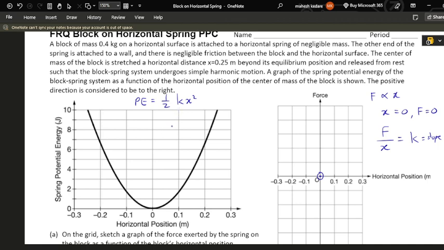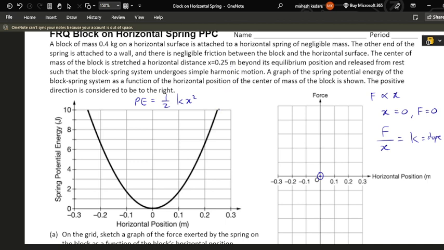If you look at the graph, we see that the amplitude of oscillation is already given to be 0.25 meter. 0.25 meter is the maximum distance from equilibrium position, and at the maximum distance we have maximum potential energy.